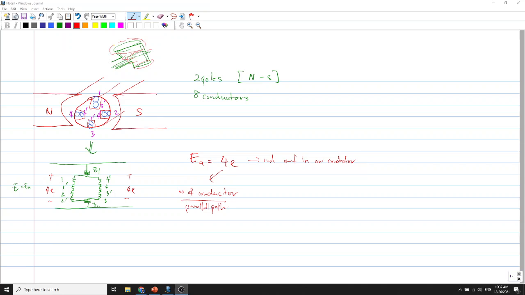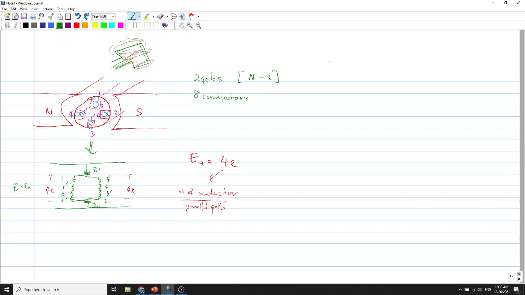Now we look at how we have to do everything over here. We have 2 poles. Let's rewrite again, making sure the number of conductors is Z. Wait, I think it's better we write it again.